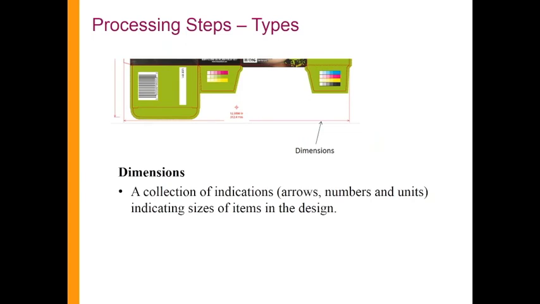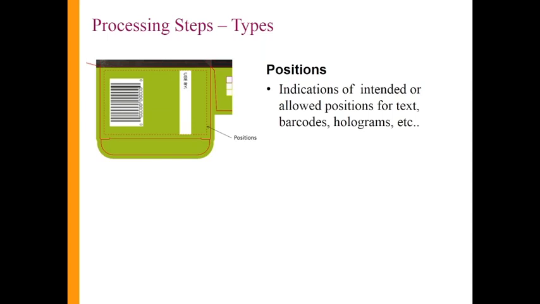The fourth one is dimensions, a collection of indications, arrows, numbers, and units indicating sizes of physical items in the design for the human reviewer. Positions, which are indications of intended or allowed or forbidden positions for text, barcodes, and holograms. So it's actually indicating the position where, for instance, a hologram has to be glued on the box after the printing.